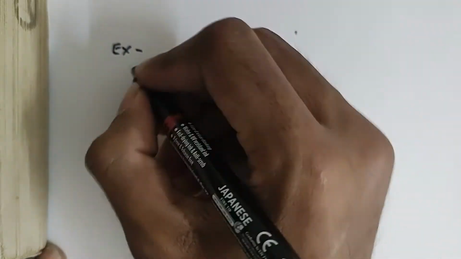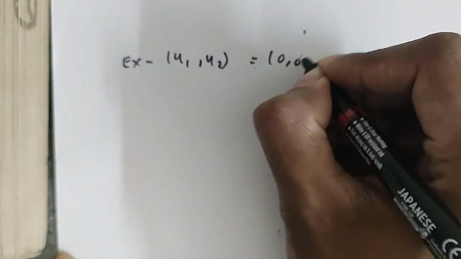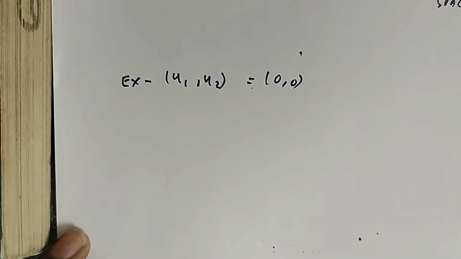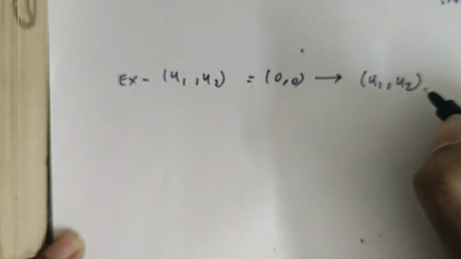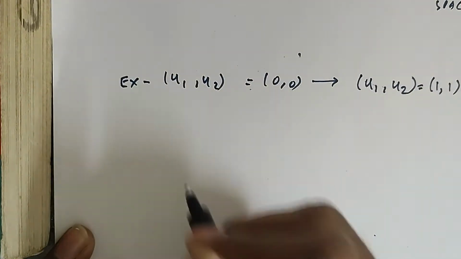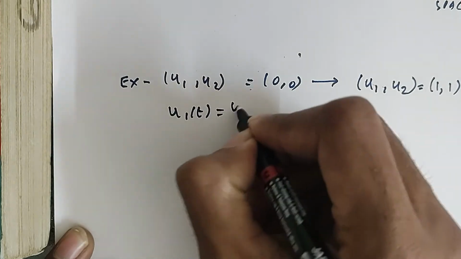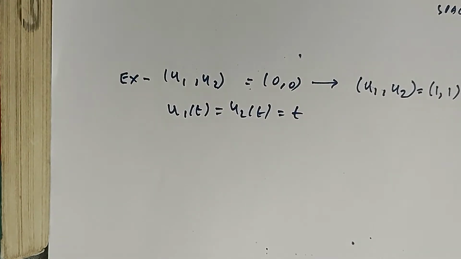Here the motion does not necessarily mean the equation of a curve in the configuration space. An example would help. Suppose I have (u1, u2) going from (0, 0) to (1, 1), with u1(t) and u2(t) given by this expression.